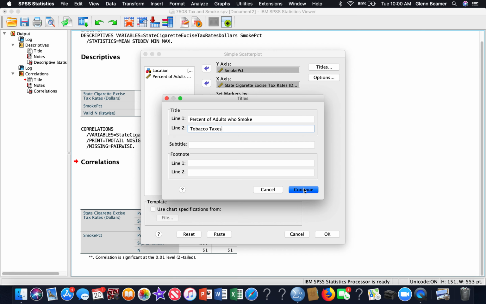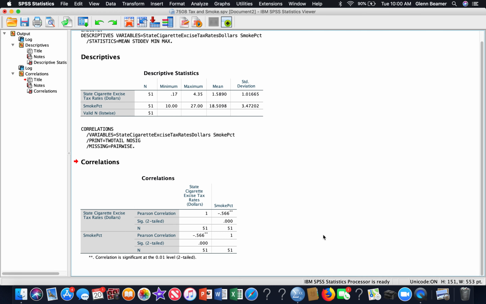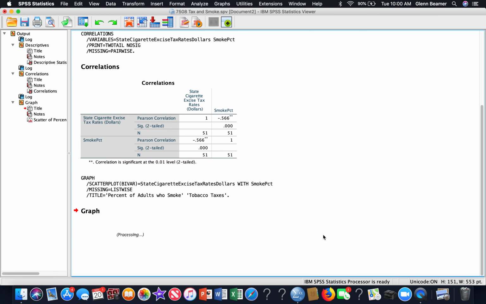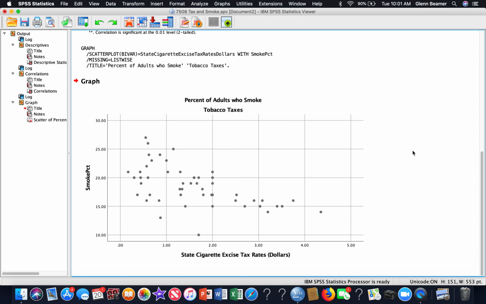Okay. Let's go ahead and say okay to that. And here's our graph, the smoker percent and the state cigarette excise tax dollars. We could have made this title a little bit more explanatory. Again, I'm not terribly worried about it.